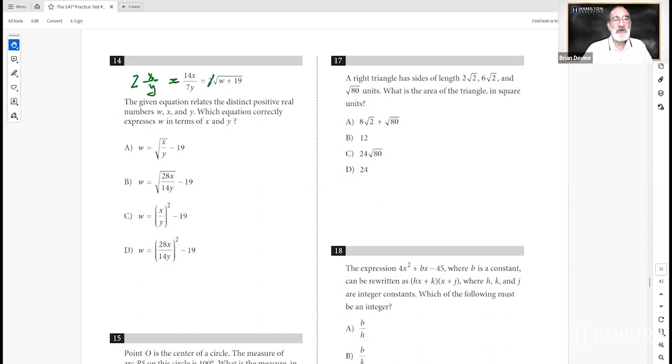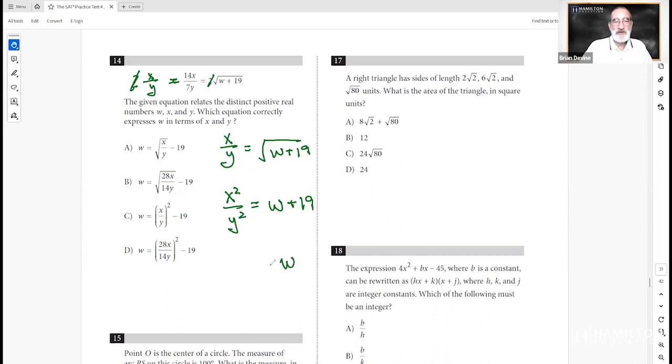And the 2's I can factor away. So x over y would equal the square root of w plus 19. Well, square both sides. Then x squared over y squared should equal w plus 19.